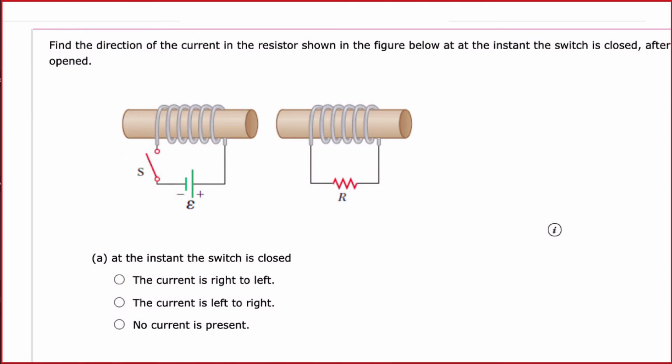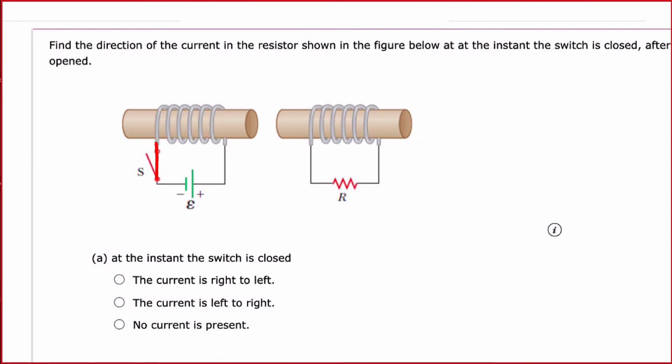So the moment the switch is closed, current flows through the wire that is wrapped around the solenoid.